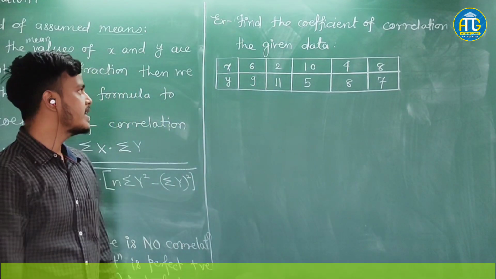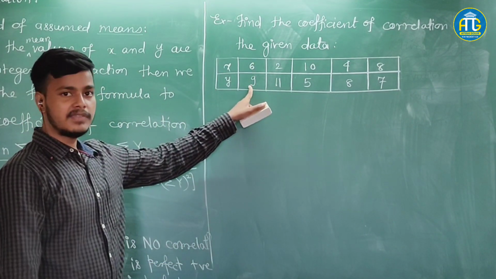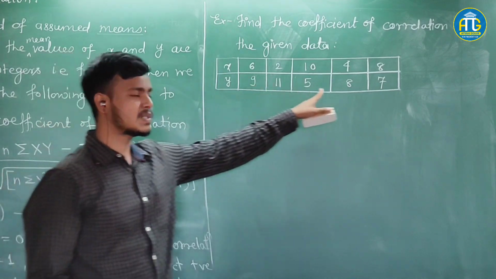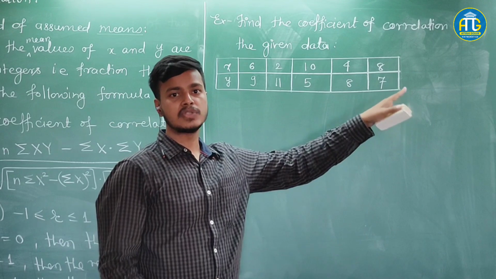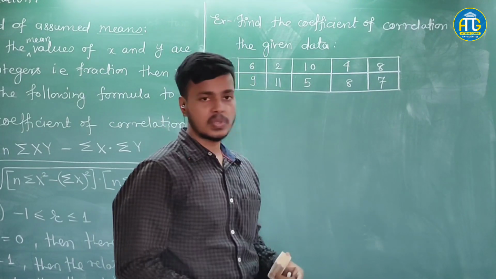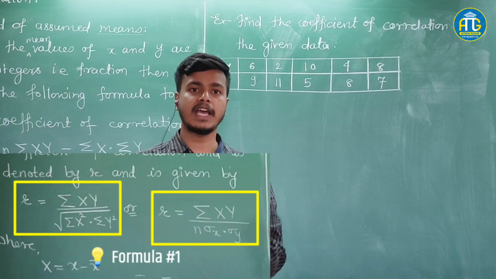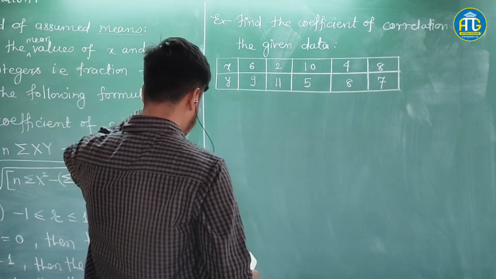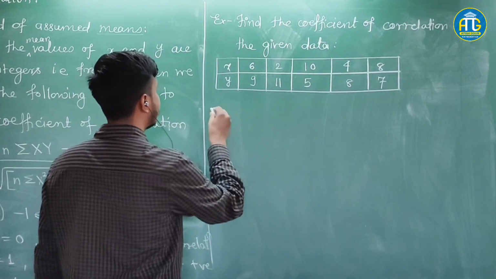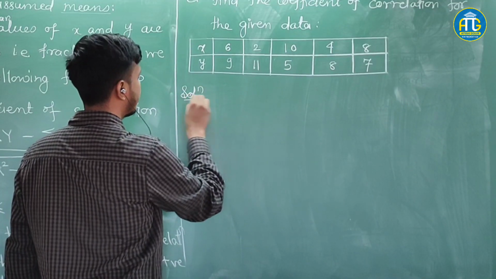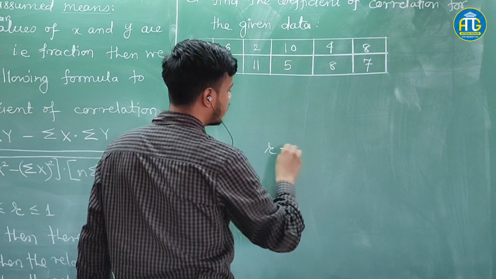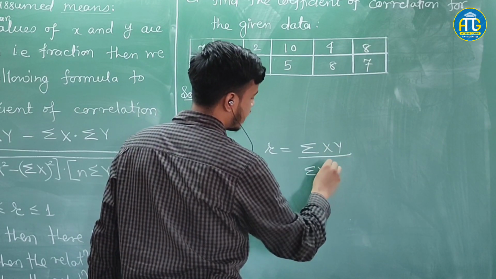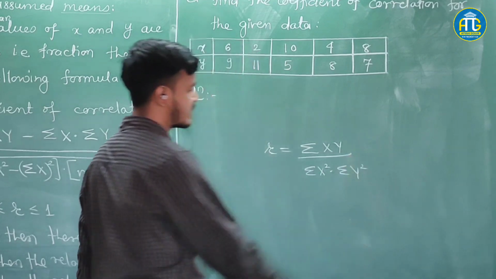As you can see, the data given to us is not large. These are numerically small values. So we are going to make use of the very first formula that we discussed in the beginning. To find the coefficient of correlation, we use summation xy upon the square root of summation x square into summation y square.